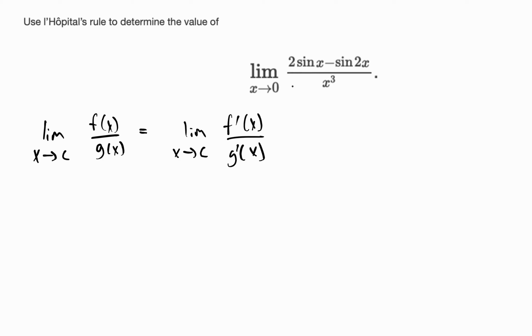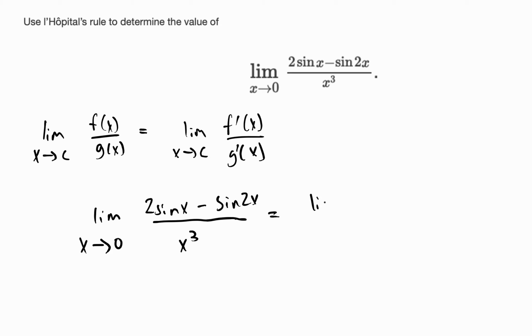So using this rule, the limit as x approaches 0 of (2 sin x minus sin 2x) over x cubed is the same as the limit as x approaches 0 of some derivative of this.